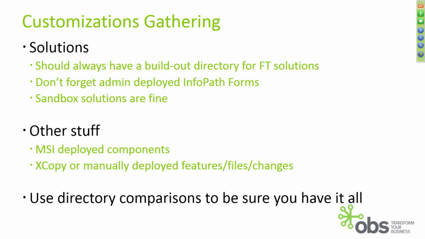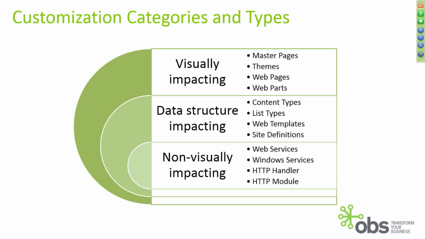With customizations, we put them in 3 different areas, and depending on which area they're in, there's more likelihood of whether or not they will work on the new 2013 environment. So these are the 3 major areas. First one is visually impacting: things like master pages, themes, web parts, where people interact with the user interface, pages, those kind of things.